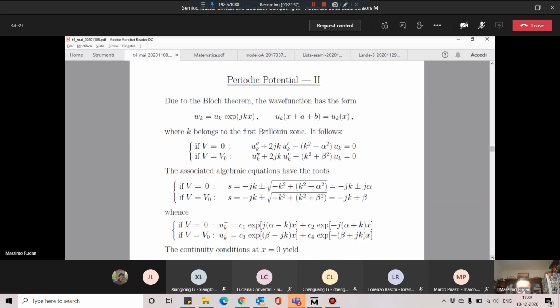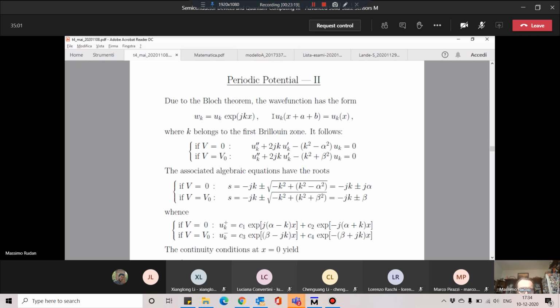In one dimension, the special form is this: W is equal to another function that we call U times the exponential of jkx.